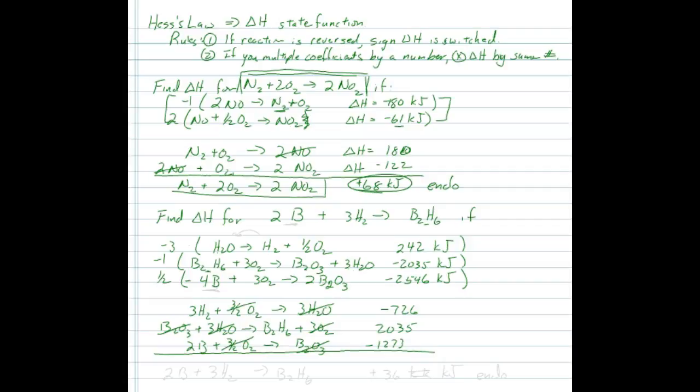Those cancel. So add them up: 2B plus 3H2 produces B2H6. Add these up, and you end up with 36 kilojoules.